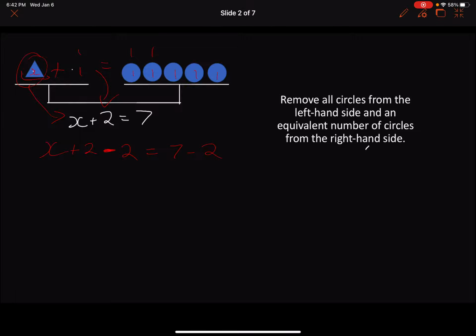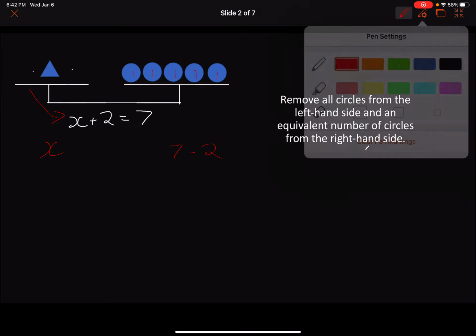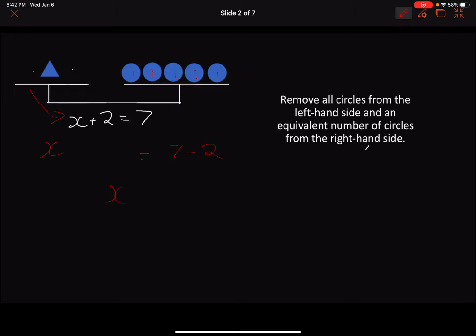Okay, and what is left, and I'm going to erase this so you can see this a little better now. Okay, so what is left is one triangle, so 1x, right? Which we know those will cancel each other out. So I'm left with x, and I'm left with 5.